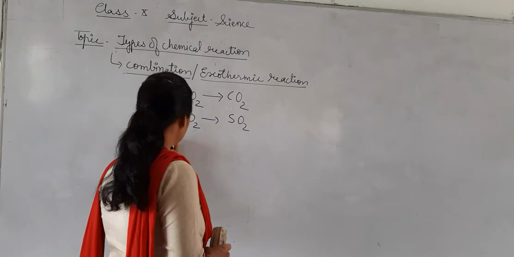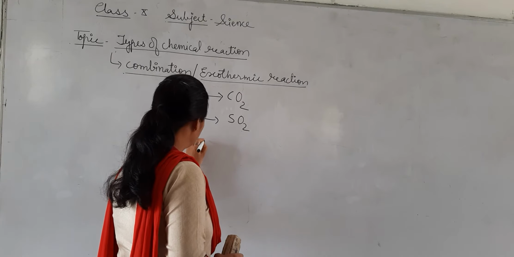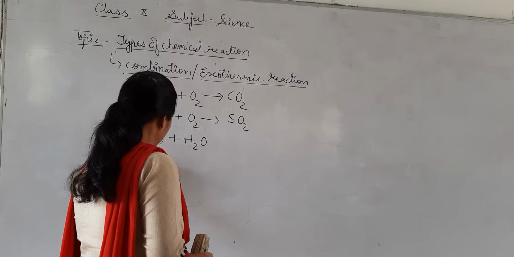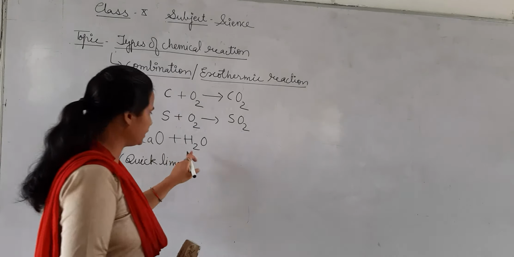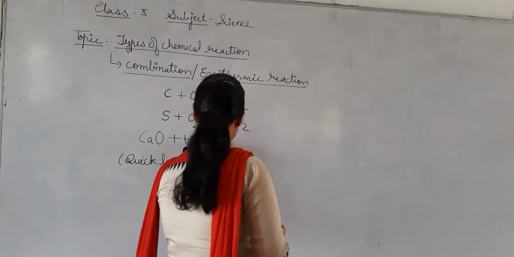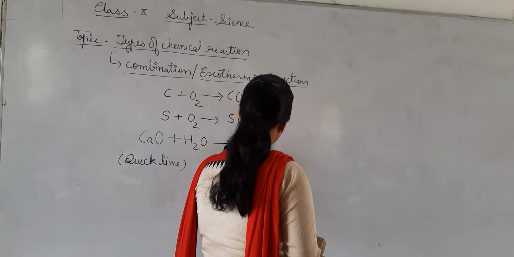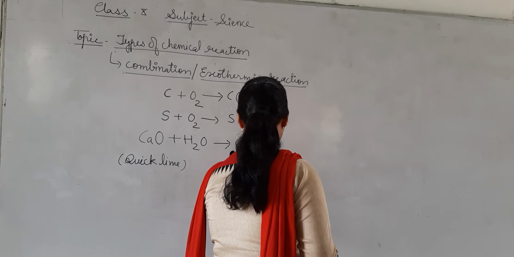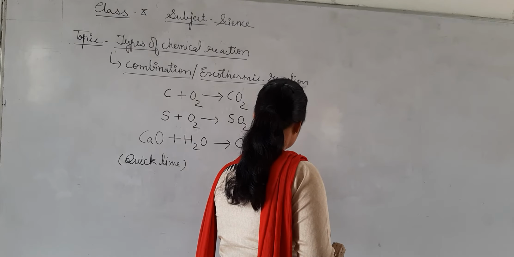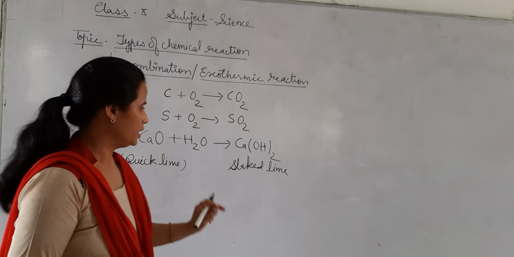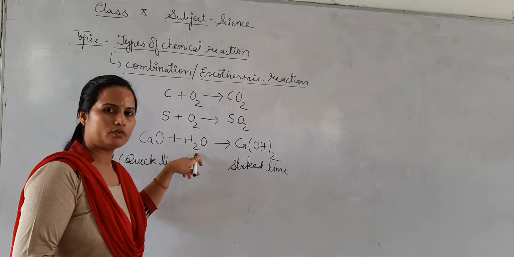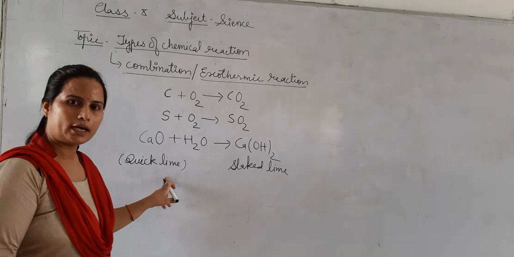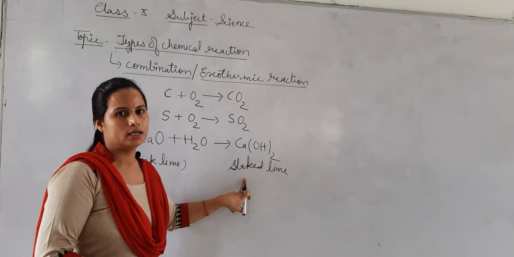When it reacts with water, H2O, it forms Ca(OH)2, that is called slaked lime, calcium hydroxide. Calcium oxide is called quicklime. Calcium hydroxide is called slaked lime.